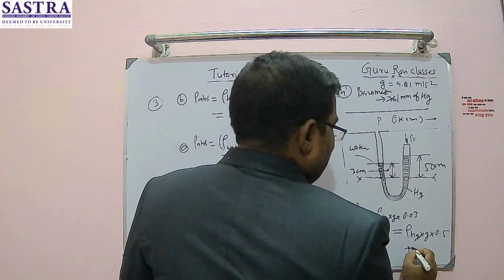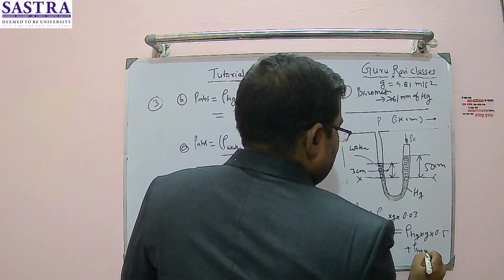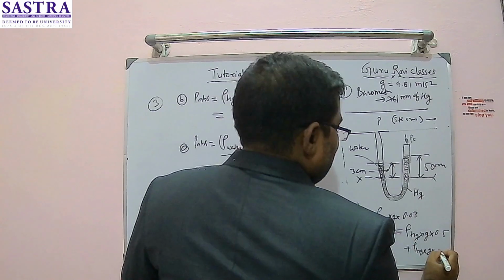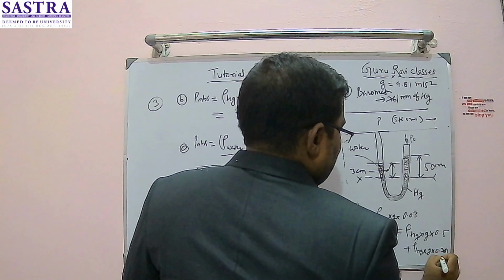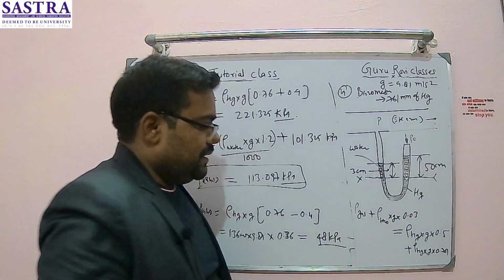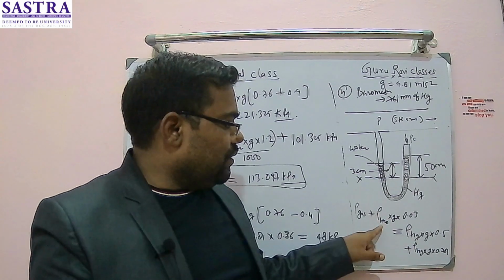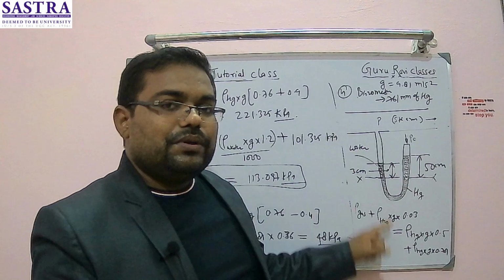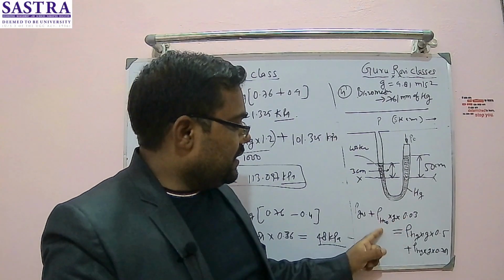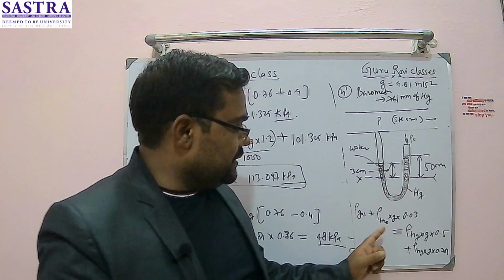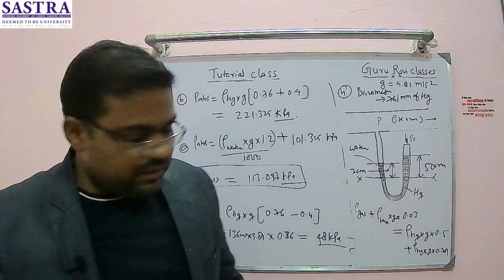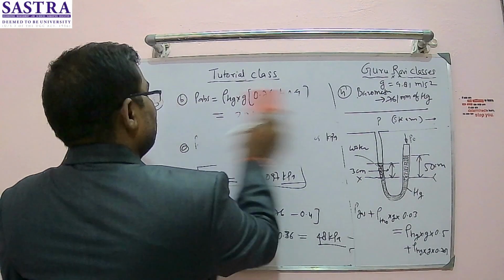which is 761 mm Hg, that is again rho Hg into g into 0.761. Now density of mercury is 13,600, that you know. Density of water is 1000, that you know. You substitute the values here and solve this, you can get the gas pressure.